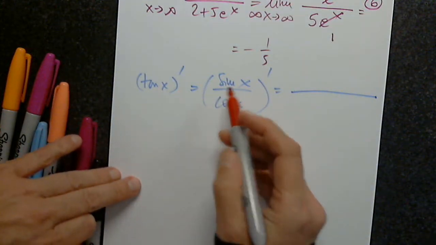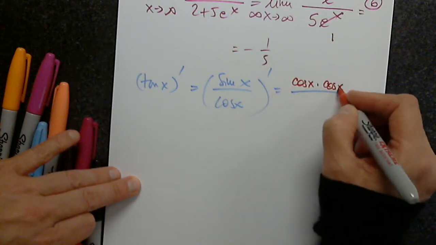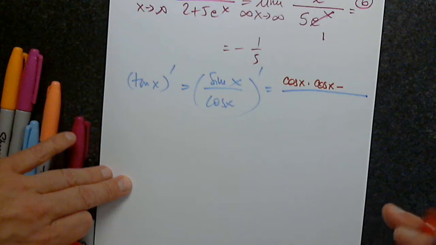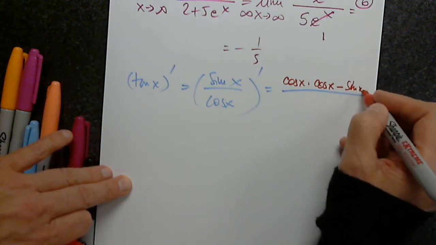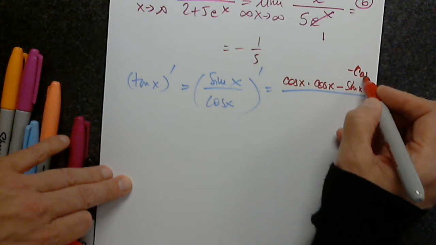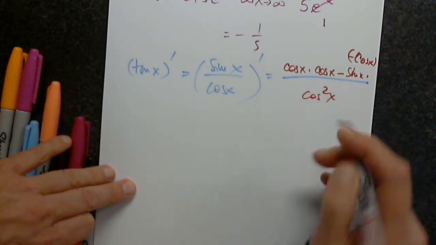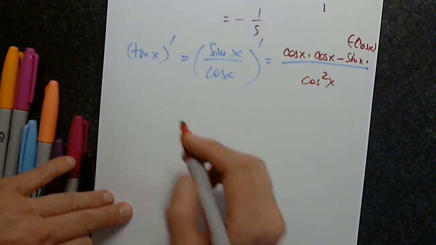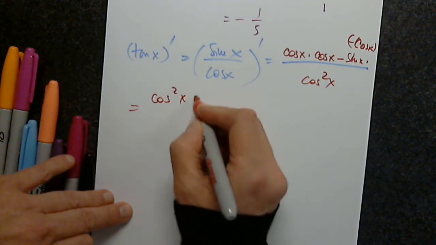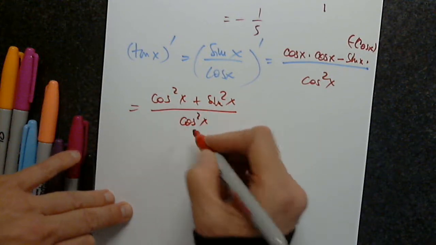So the top prime is cosine x times cosine x minus the top times the denominator prime, which is negative cosine x, divided by cosine squared. But the numerator is basically cosine squared plus sine squared over cosine squared x.